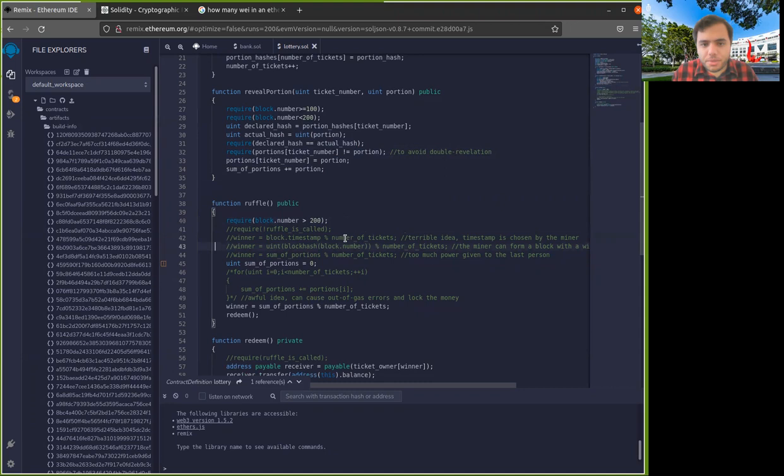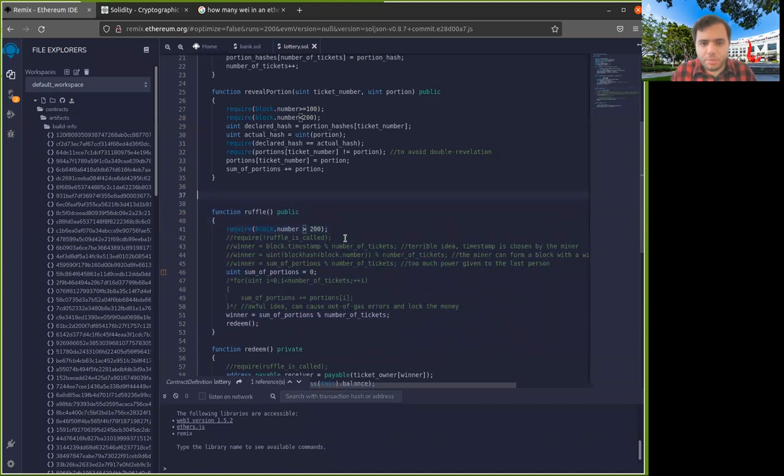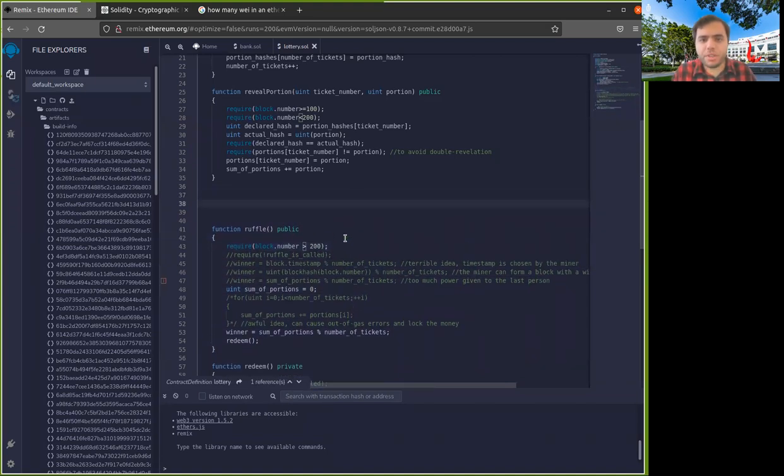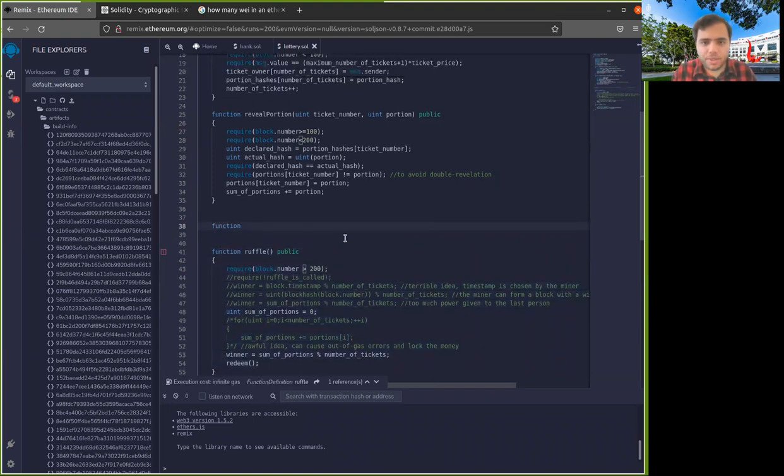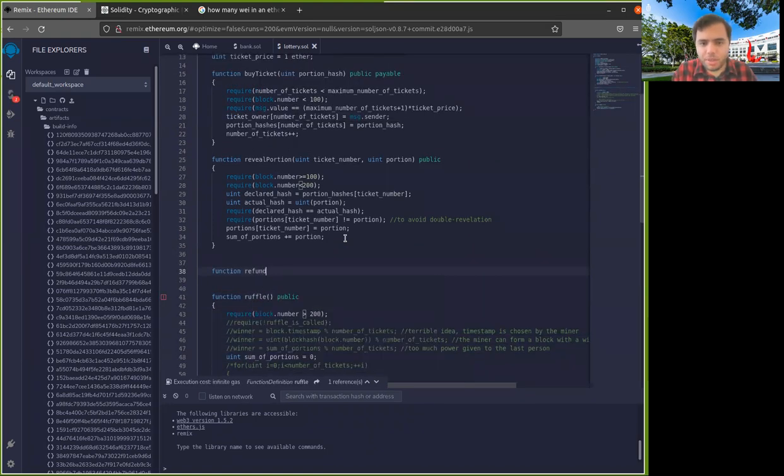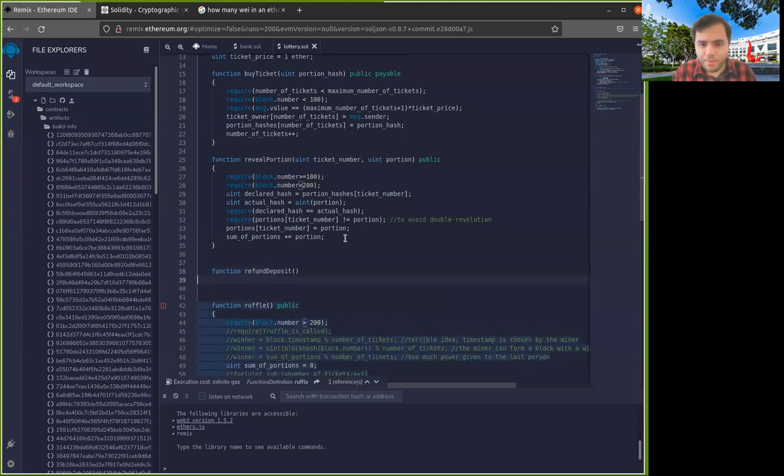Anyway, let's focus on the things that we actually want to write. So we have this raffle, but before the raffle, I want to have a function for getting back your deposits. Maybe I'll call it refund deposit. And this is also public.